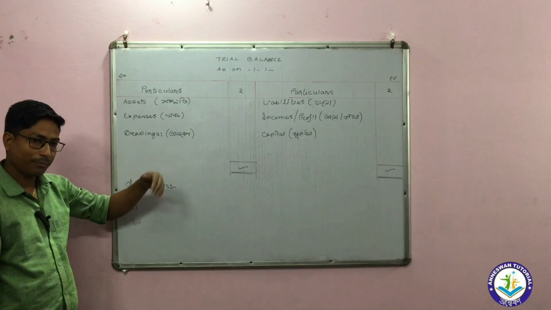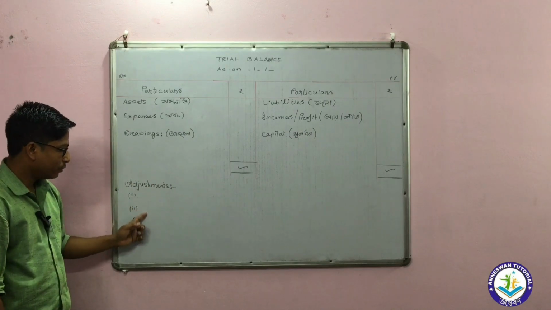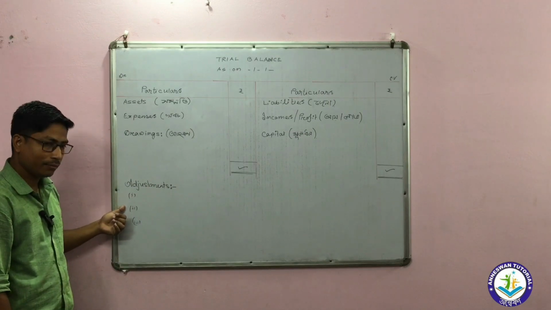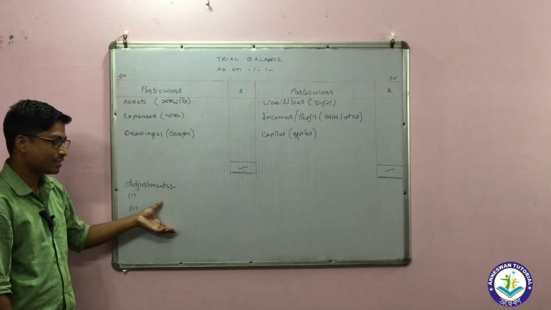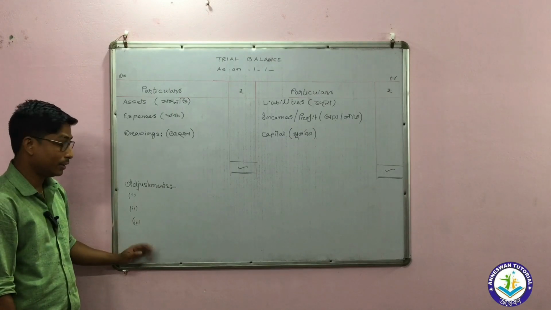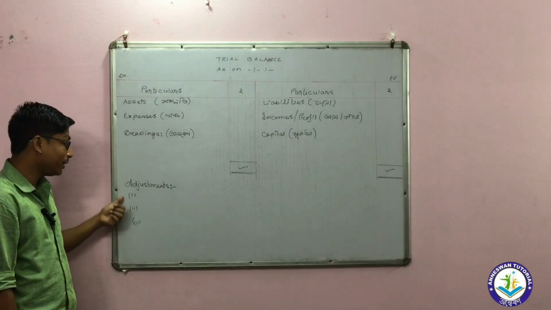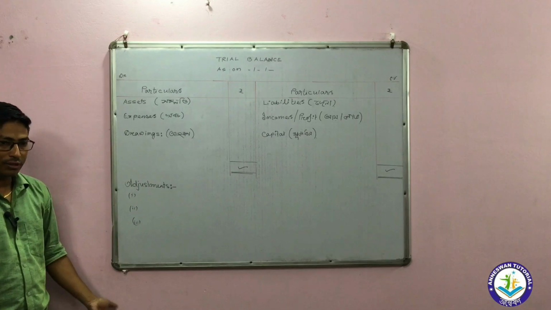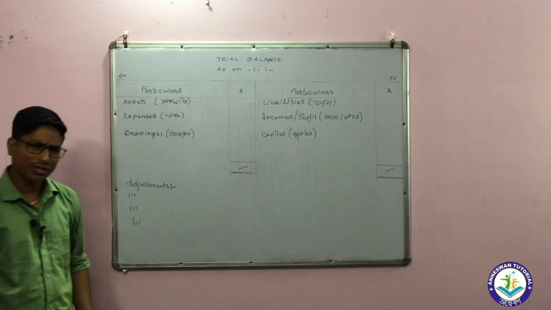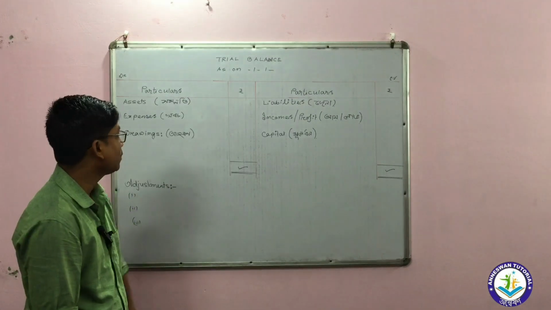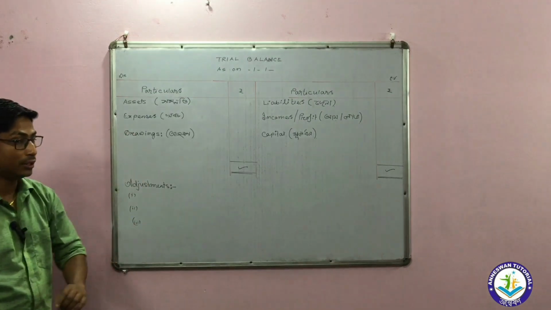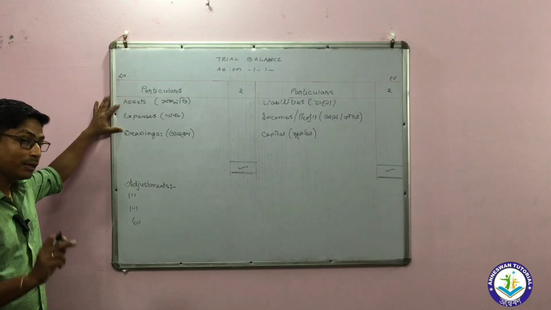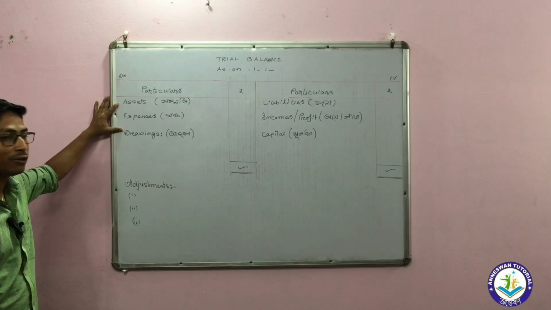In connection with all these items some additional information will be given, in points, not as a description. How many points will be given, just for hypothetical purposes I have written three; there may be 2, 3, 4, 5, whatever it may be. And one more important thing: these are types of items, not number of items.